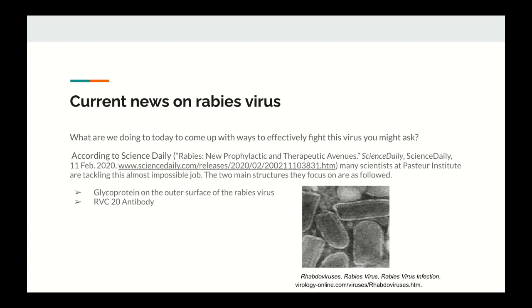Researchers saw that the RVC20 involves highly conserved features of the viral glycoprotein, and this rationalizes the broad reactivity among the strains. They further saw that the RVC20 blocks membrane fusion between the virus and the cell.